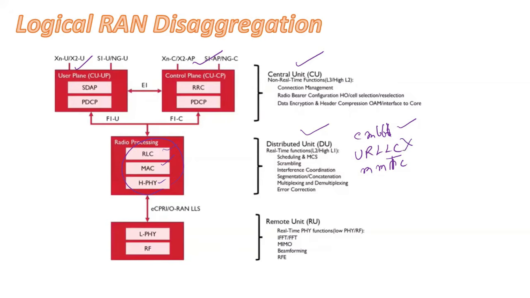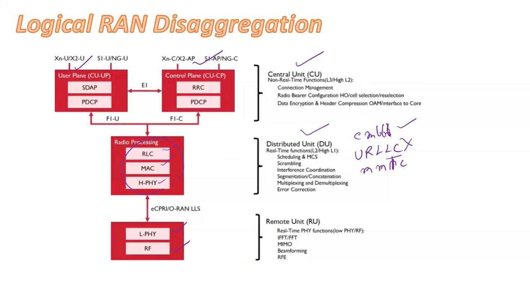URLLC can't be achieved if there is some distance between the RU and the baseband unit. So in order for us to provide low latency, we need to move some part of the network near the users. So the low physical layer and RF layer should be near the users, or you can say near the site. That's why we are disaggregating the network now.